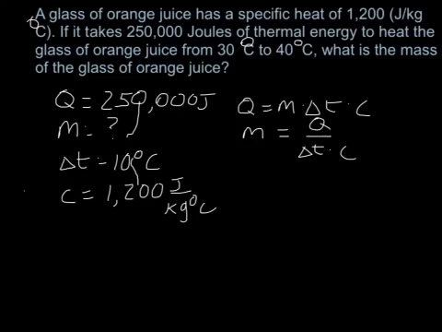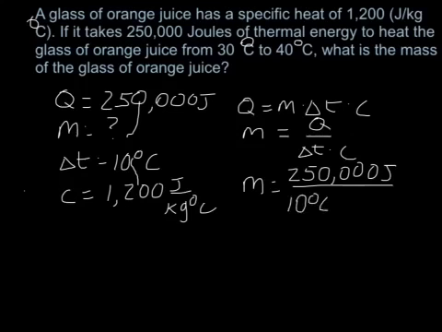Alright, so then that means that M equals 250,000 joules over 10 degrees Celsius times 1,200 joules divided by kilograms times degrees Celsius.